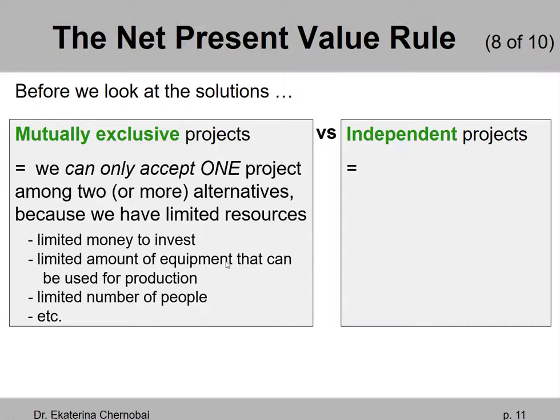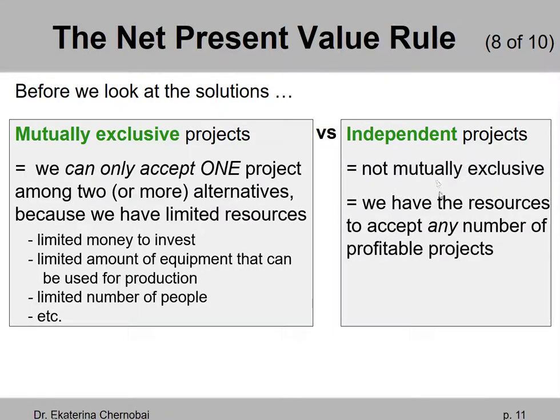Or maybe we have a limited amount of equipment that we could use for whatever production is involved for that new project. So we can only use that piece of equipment for one production process, but not two or more. Or maybe we have limitations with the number of employees. We only have so many people. We can only hire them to focus on one project, but not both, and so on.